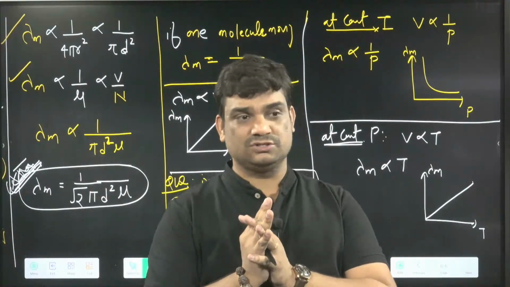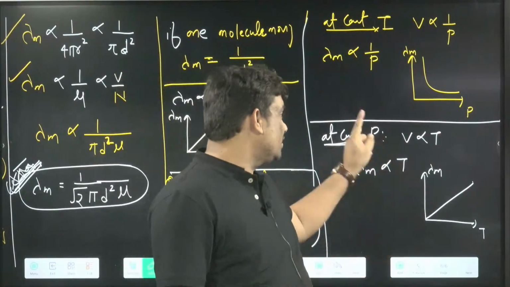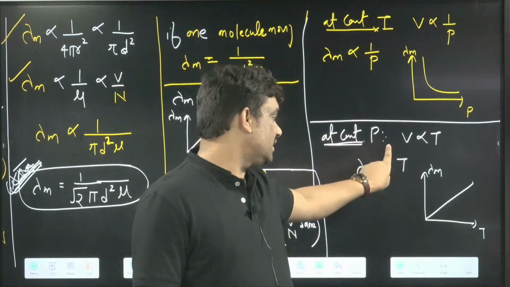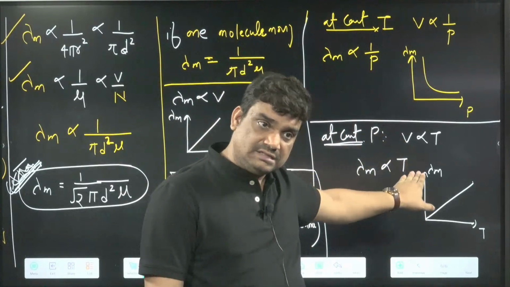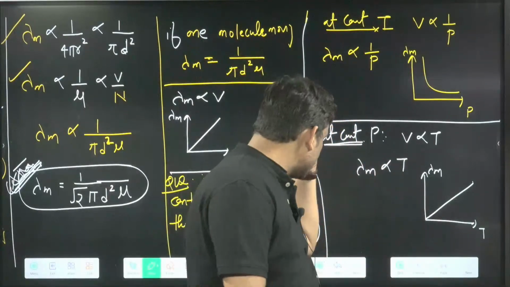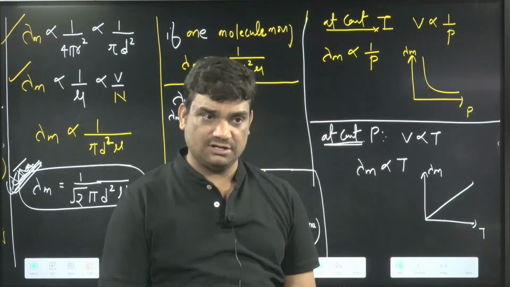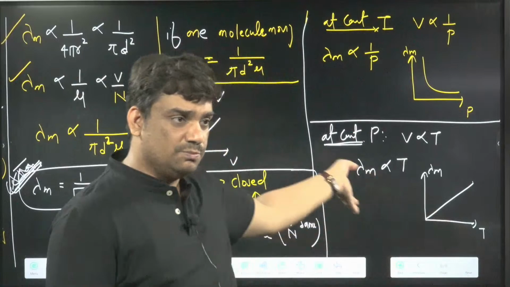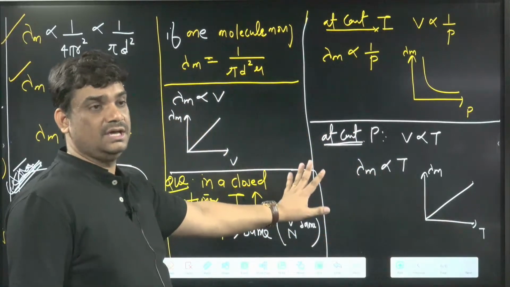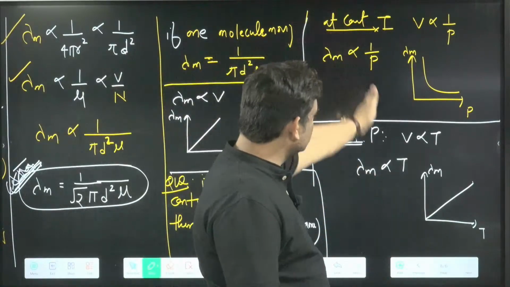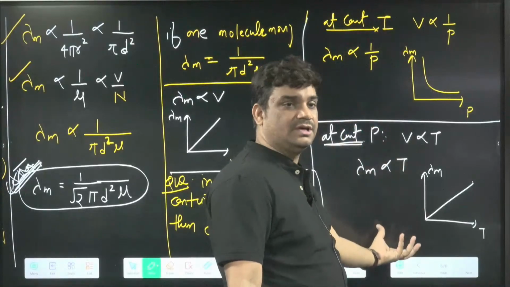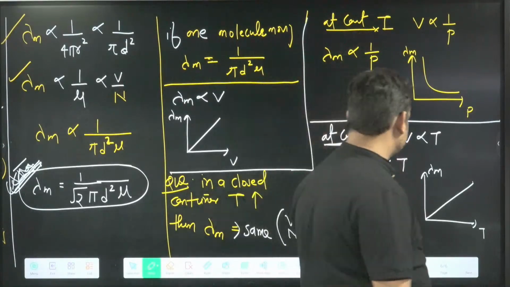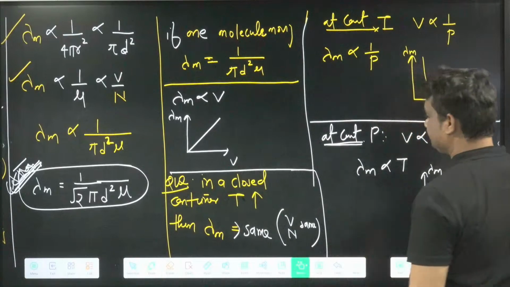No, lambda m will not always change. Only when constant pressure is given will you take this relation. I hope these graphs are clear. These two relations are not always valid; here constant temperature, here constant pressure.